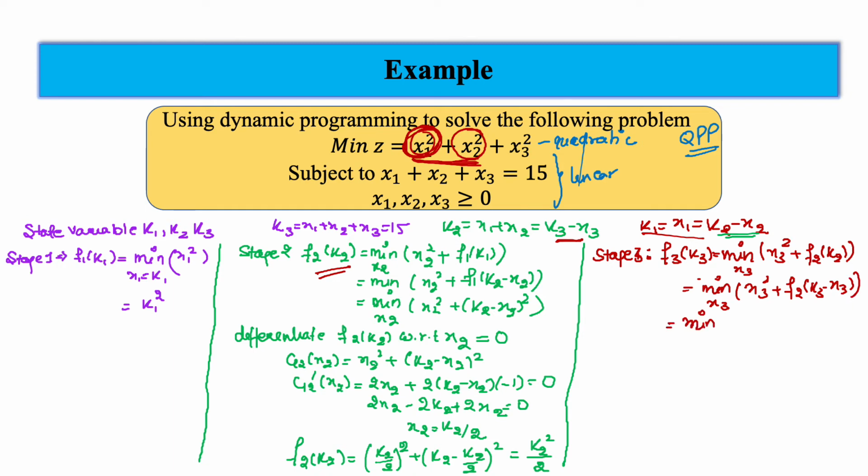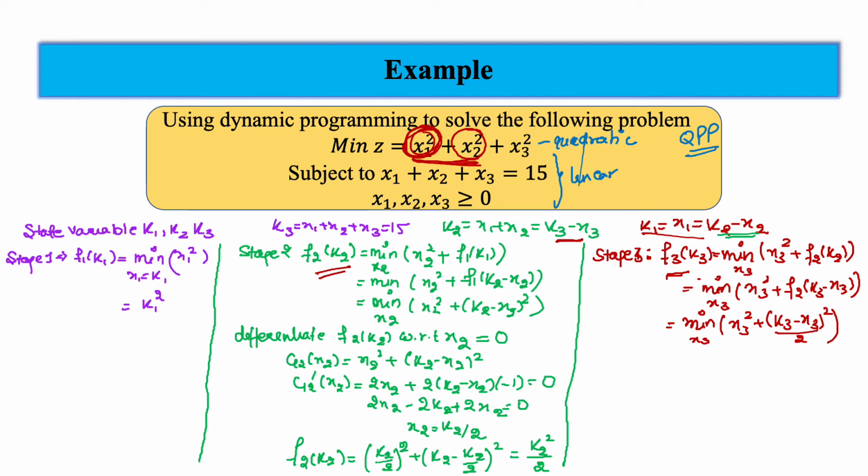So minimize x3 square plus (k3 minus x3) whole square by 2. We have replaced k2 with k3 minus x3 in this objective function. Now we again simply find the derivative with respect to x3 and find the minimum value of this function.